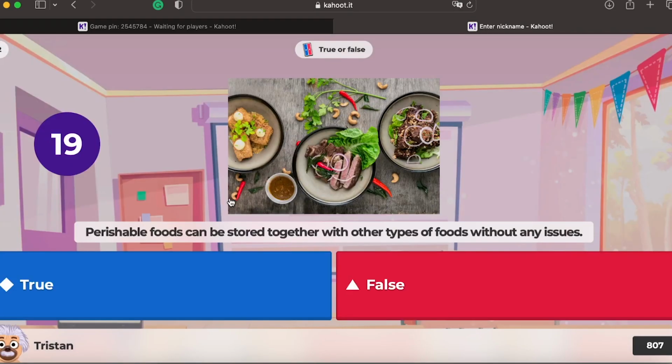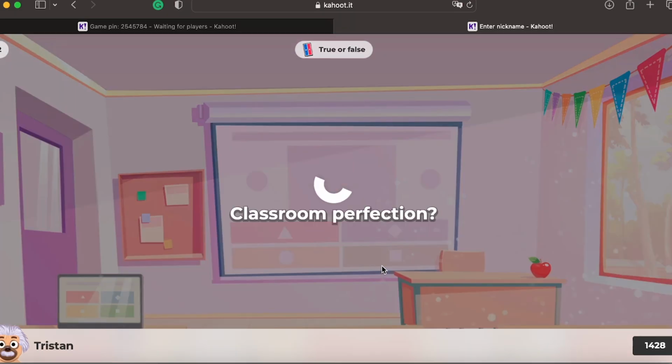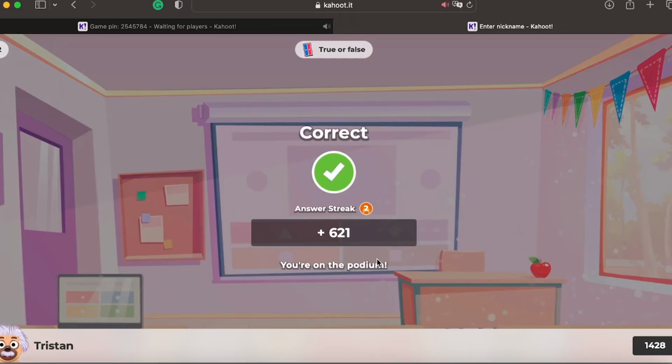I don't think that you should store food that is easy to perish together with other food, because for example if you put banana in with other food it would make the other food ripen or perish more easily.